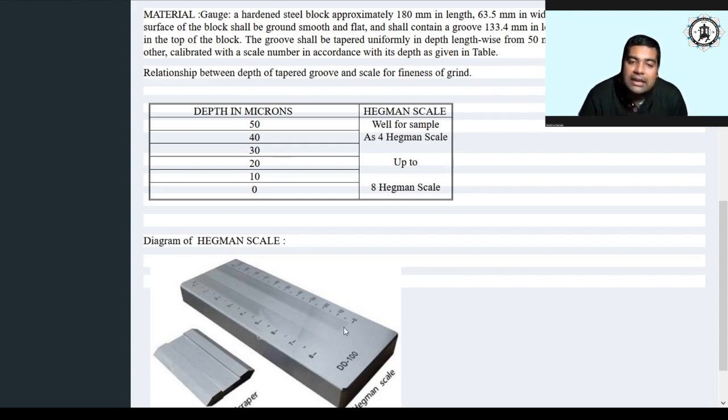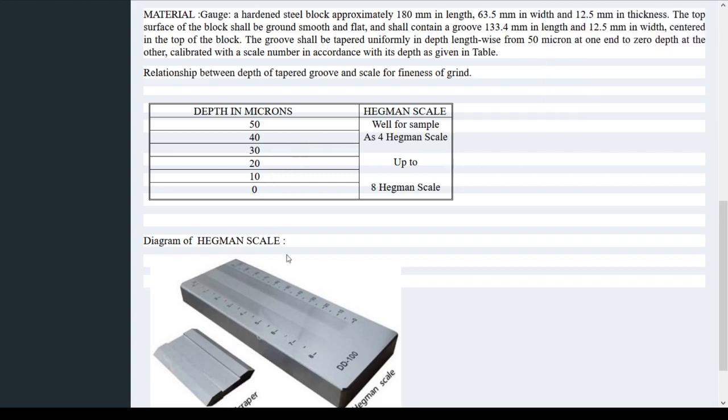If the depth in micron is 0, then the value you are looking for in the Hegman corresponds to 8. When the depth of the groove here is 40 micron, the corresponding Hegman number is 4.